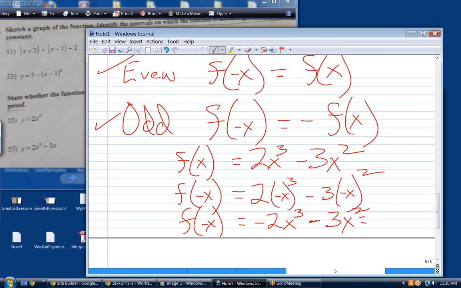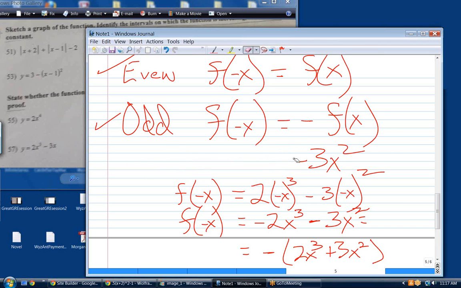So now we have minus 2x cubed minus 3x squared. That's neither f of x nor negative f of x. I could factor out the minus sign so that I have 2x cubed plus 3x squared, but notice that that's not f of x. So I would not be able to say that it's odd or even. In other words, it's even only if f of minus x is f of x, and it's odd only if f of minus x is equal to minus f of x.